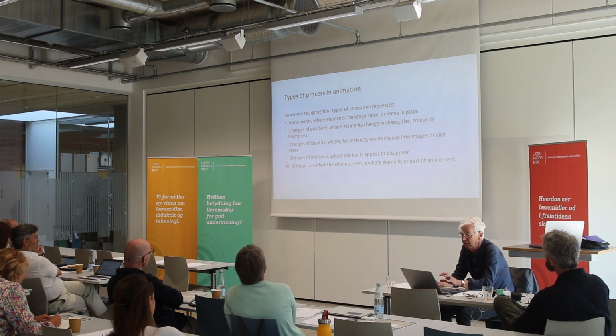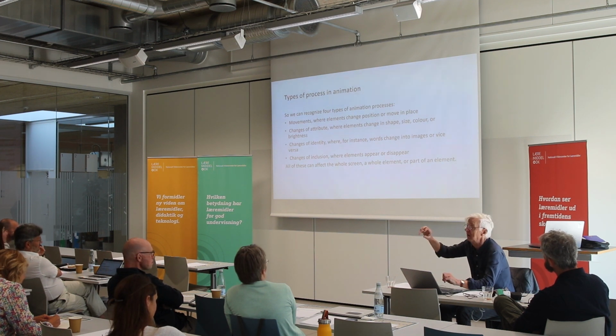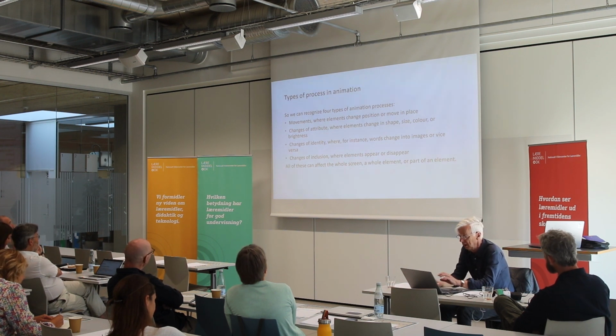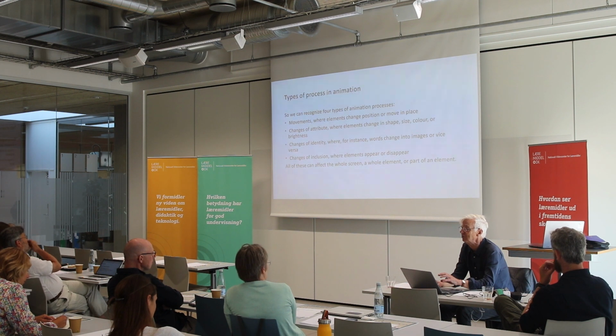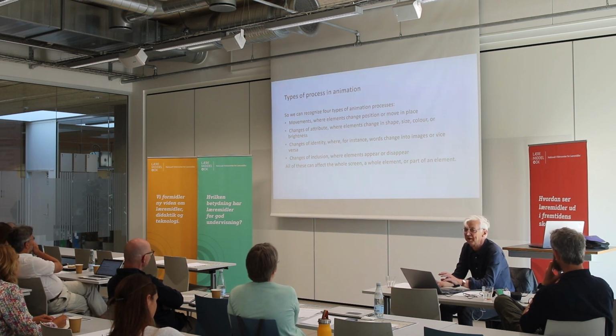Movements, where elements change position or move in place, like in the solid, or change position like in the gas or the liquid. Changes of attribute, where elements change in shape, size, color, or brightness, and we'll see some examples in a minute. Changes of identity, where words change into images or vice versa, where jars of water change into clouds, for example.